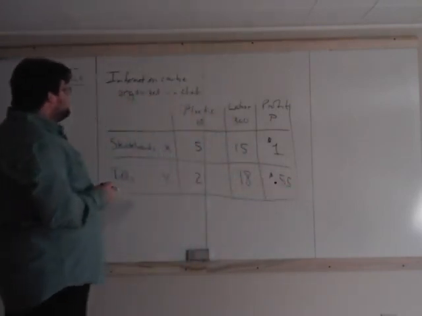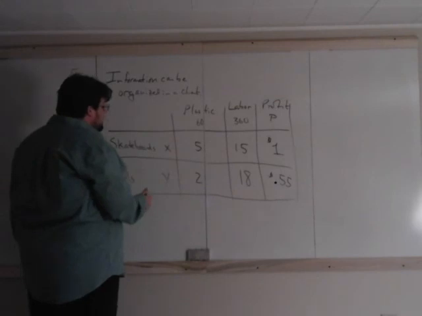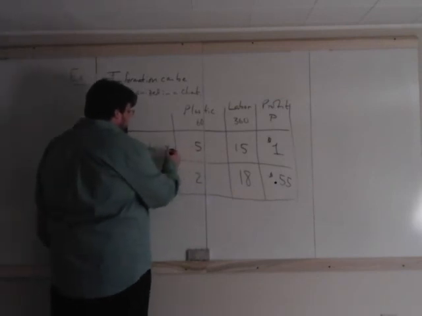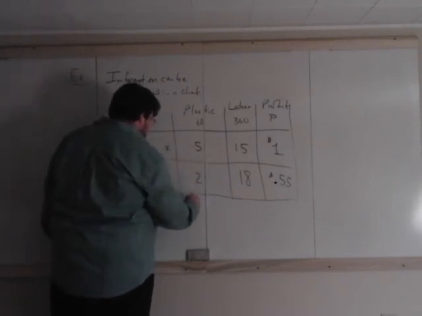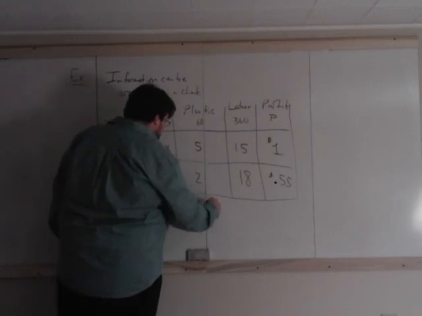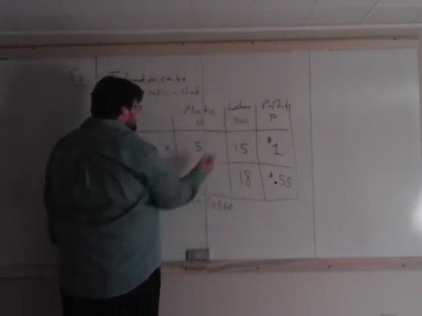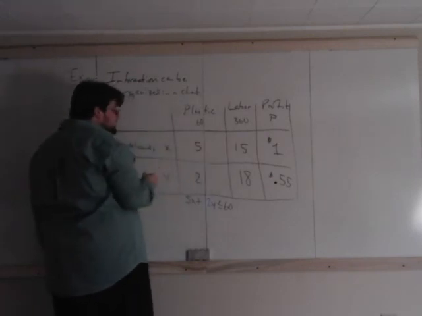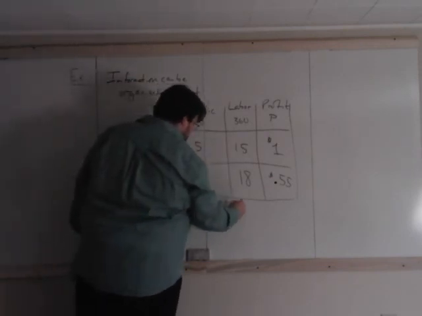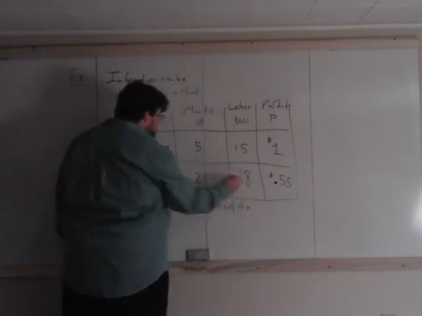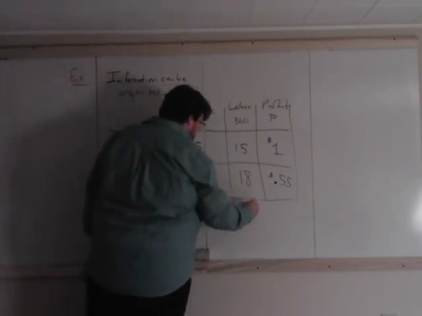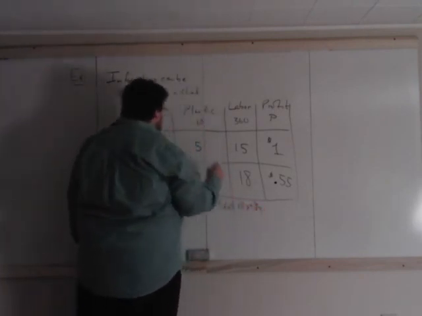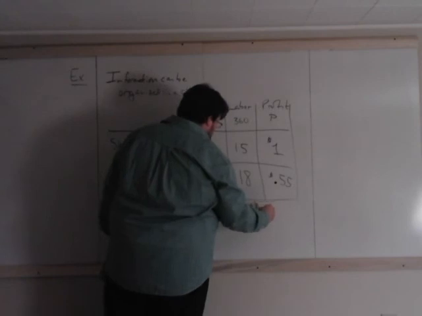And with this, you can set up your inequalities like this. 5 times X plus 2 times Y is less than or equal to 60. Similarly here, 15 times X plus 18 times Y is less than or equal to 360.